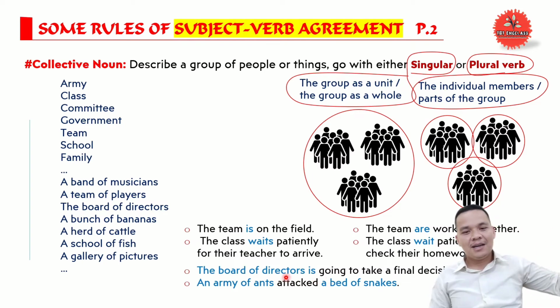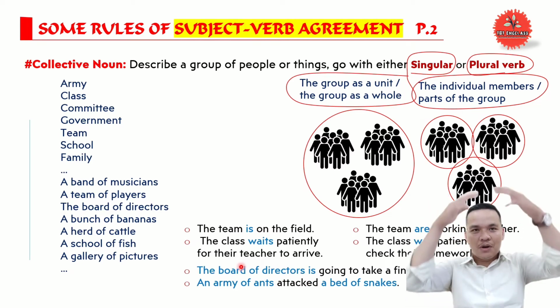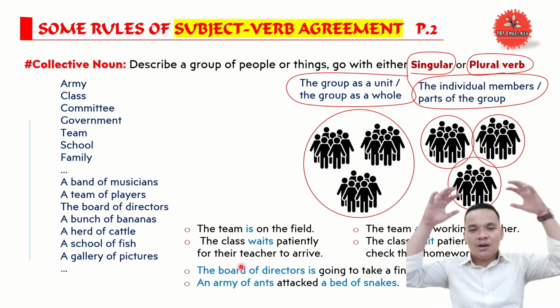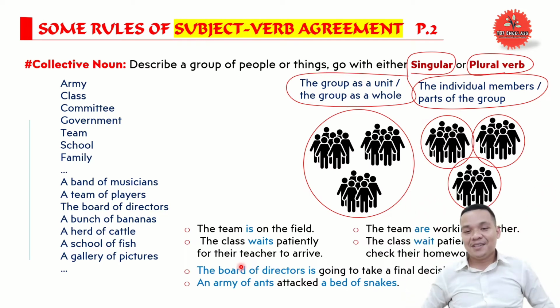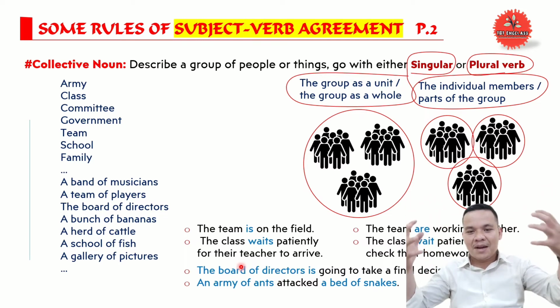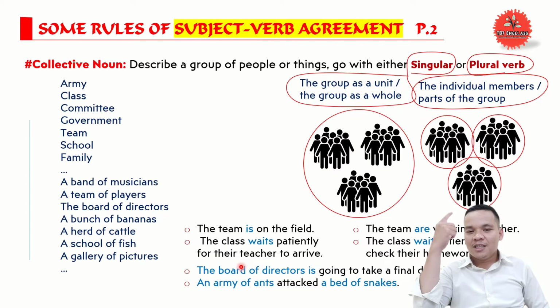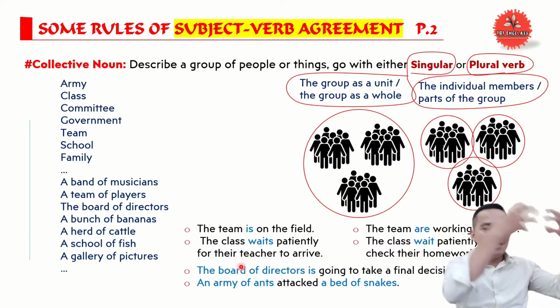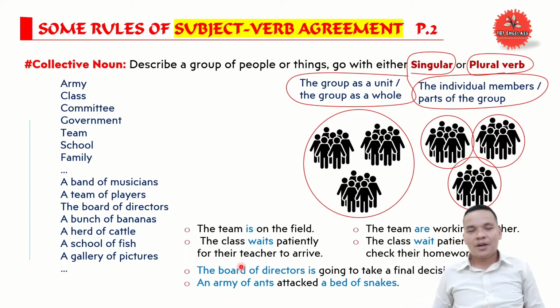So not one director, but I'm talking about a group. I'm talking about all of the directors, but only a group, that I can say a committee, a group of people or a group of directors, all of them, just one specific group that we are talking about, not specific two directors, three directors, or four directors. I'm talking about the whole of the directors, a group as a whole. So I choose the singular verb: is going to take a final decision on this issue.